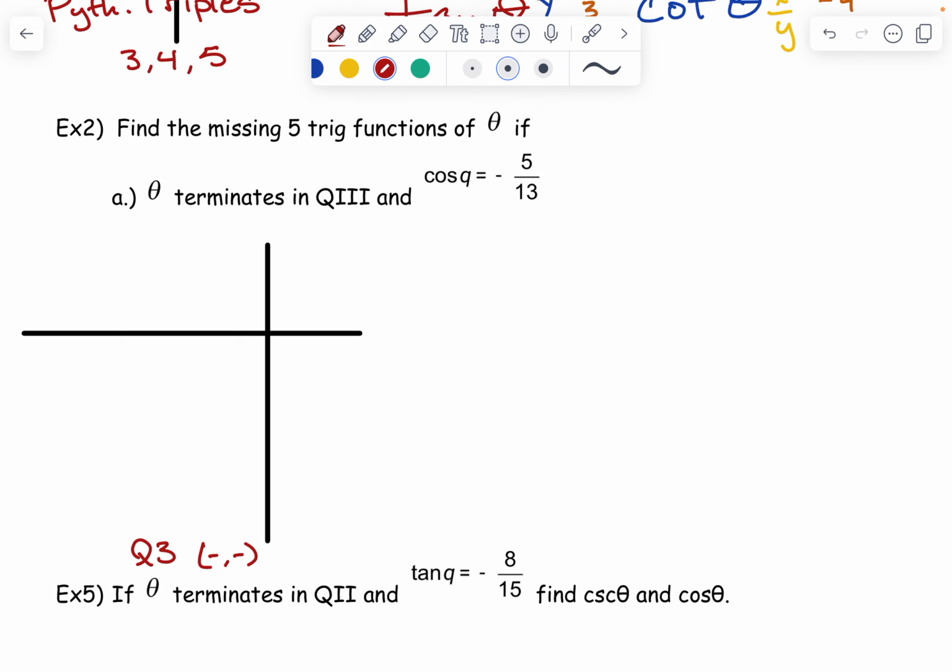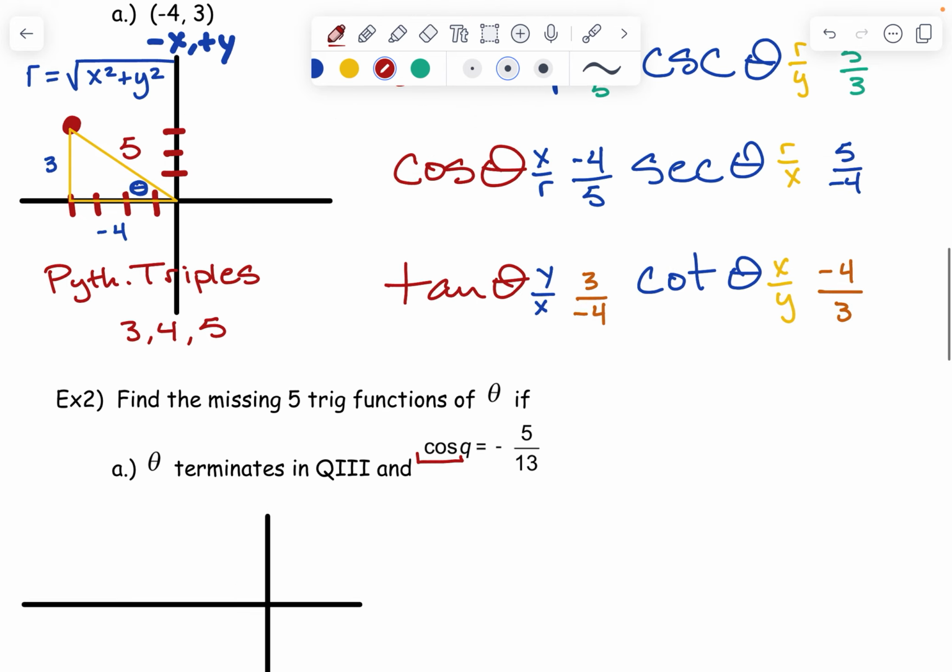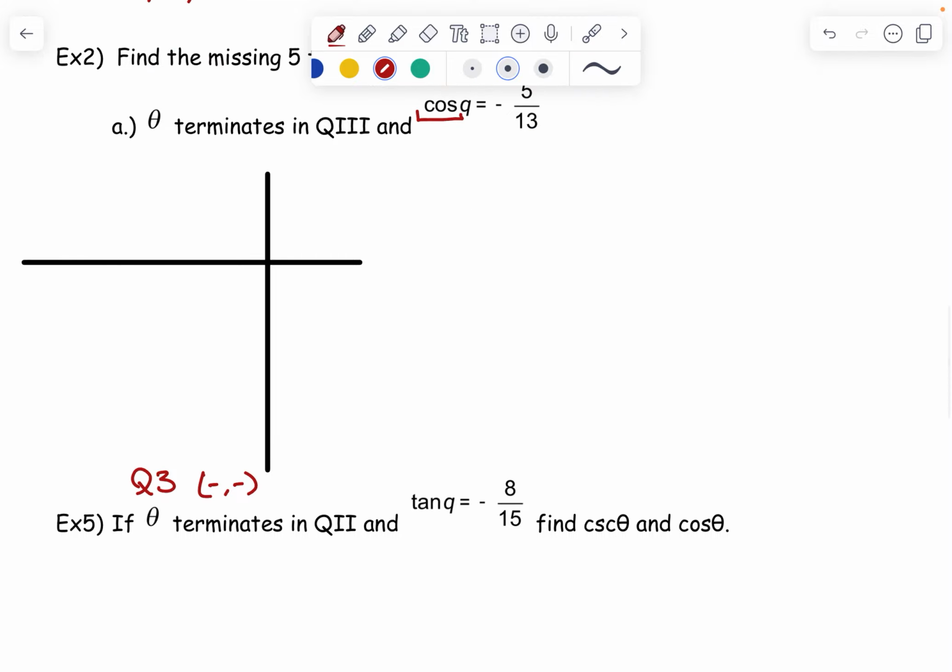So the information that they give us is that the cosine of Q, which is, going back up here, x over r, that's our x and our r, is -5 over 13.